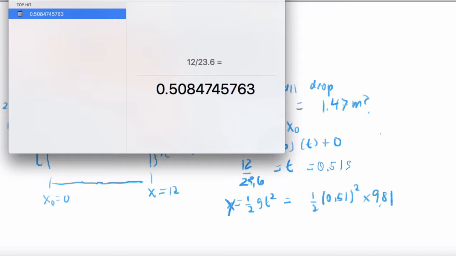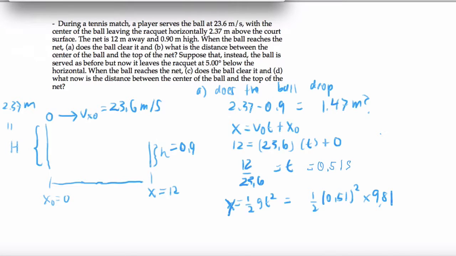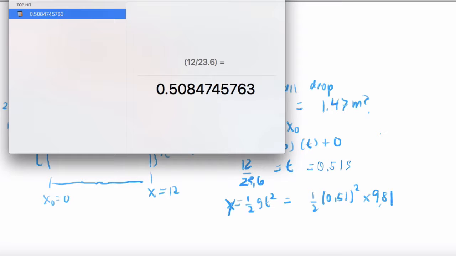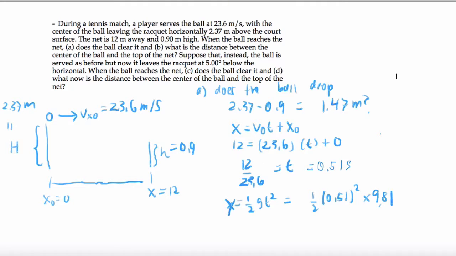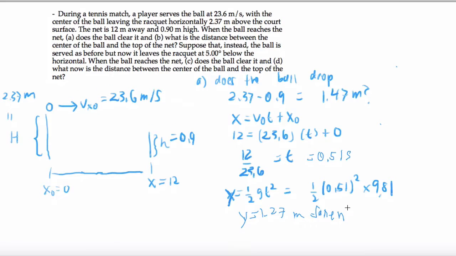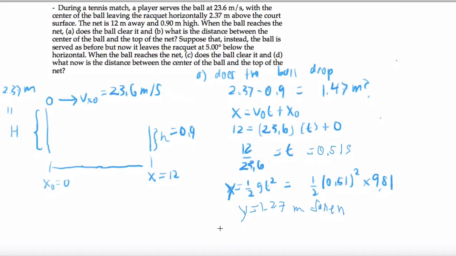So we can even go ahead and square this, times 0.5 times 9.81. So it falls 1.27 meters. So yes, it does clear the net.